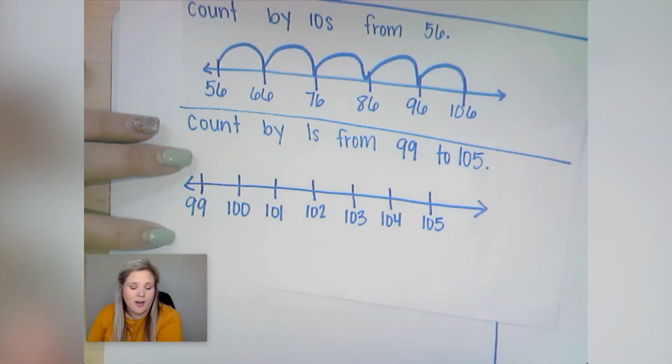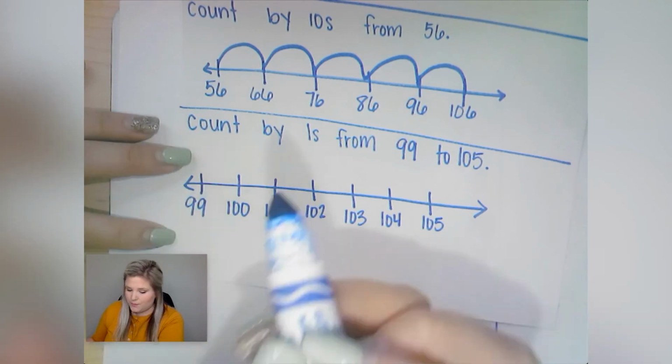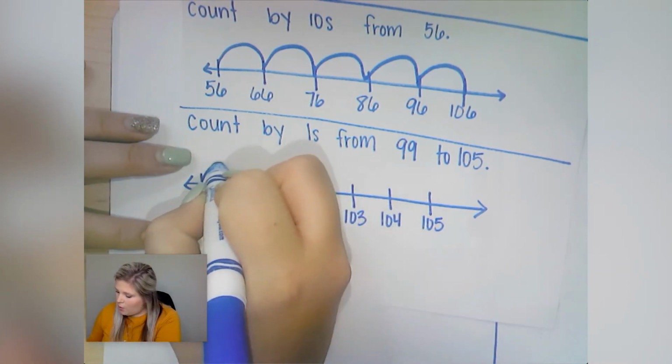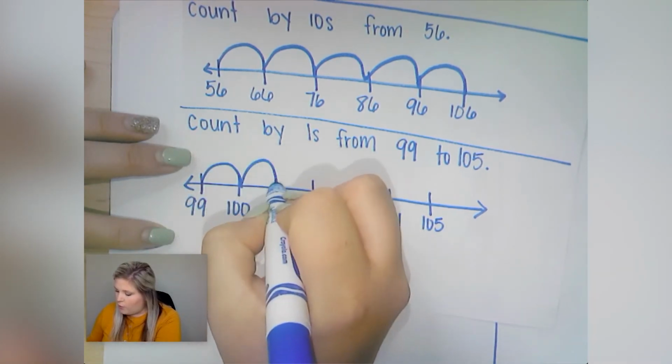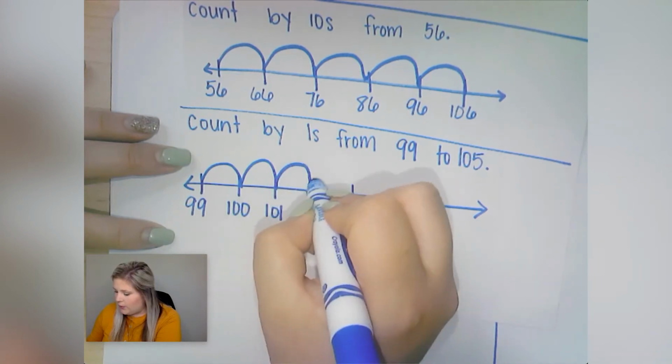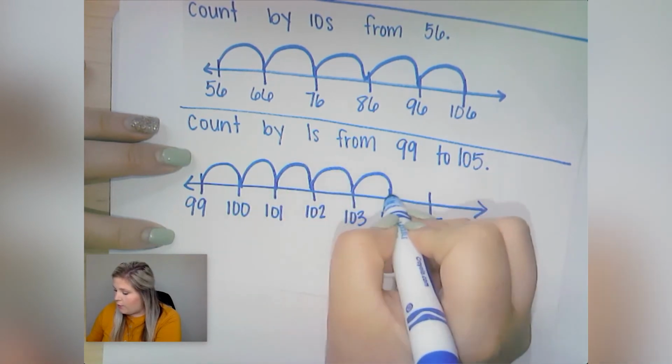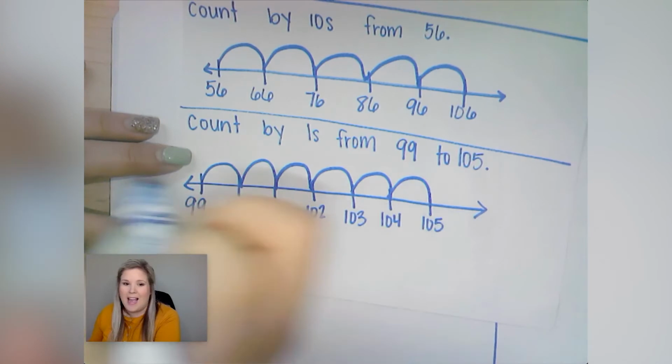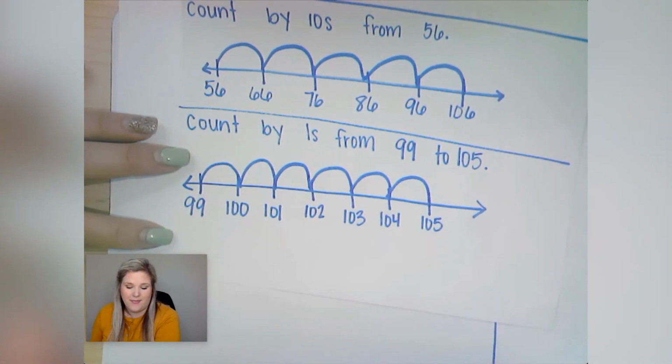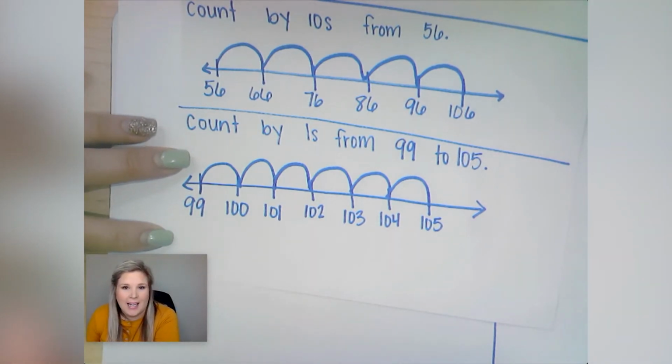Last, let's draw hops as we count. 100, 101, 102, 103, 104, 105. Great. You just helped me use a number line to count from 99 to 105.